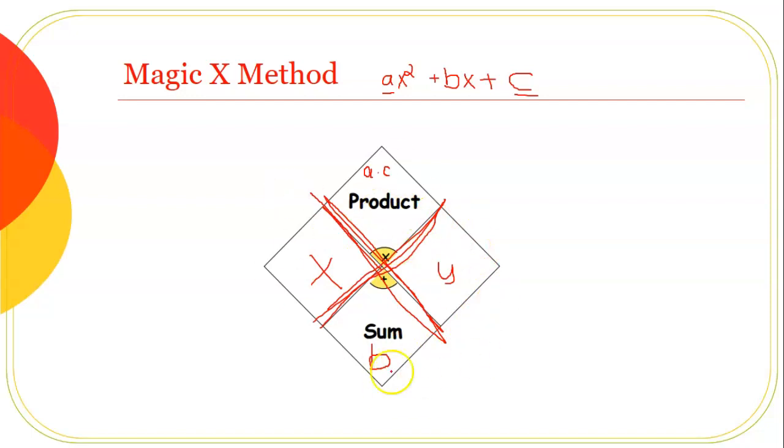So this is always going to hold true. The product will always be A times C, the sum will always be B, and we are finding X and Y.